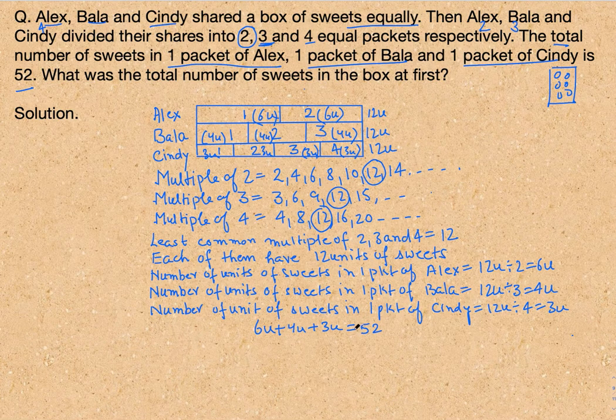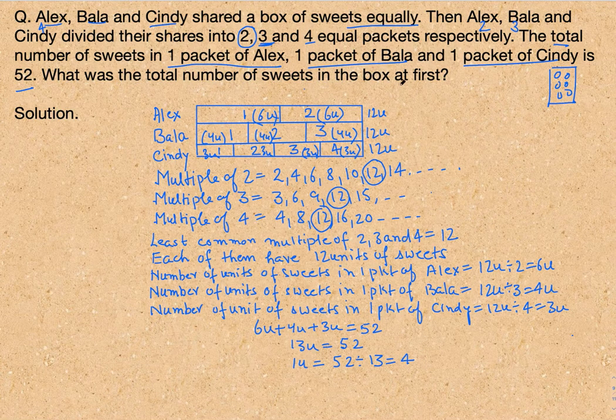That means 13 units of sweets is equal to 52. So 1 unit of sweets would be 52 divided by 13, which gives you 4.